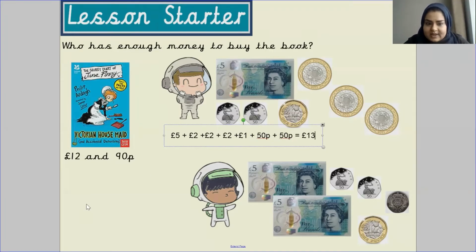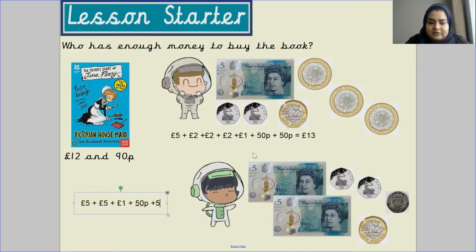And this mathstronaut here has £5 add £5 add £1 add 50p add 50p add 20p. So 50p add 50p is £1, add 20p is £1.20.